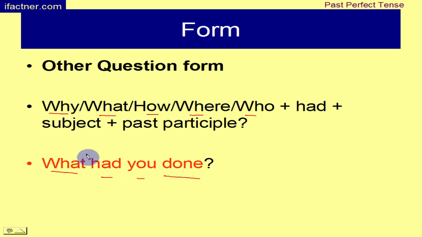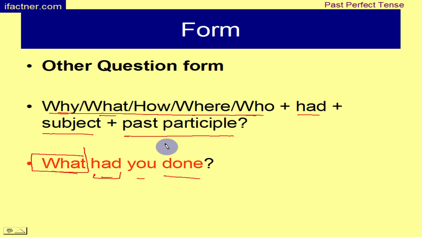You see that we have just added the question word in front of had. So the question form with the question words of past perfect tense is formed with the question word, then had, then the subject, and in the end the past participle form of the main verb.